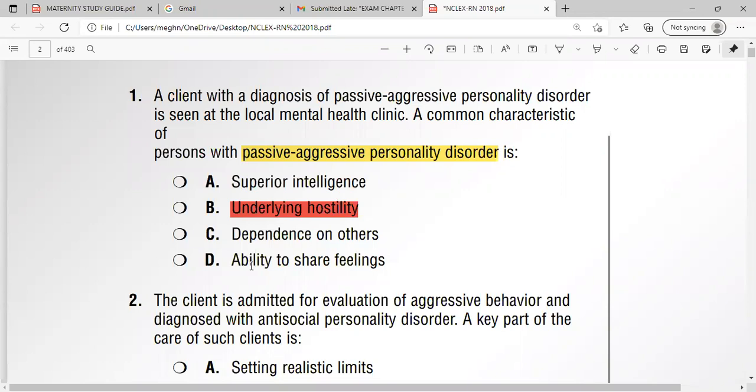Although this individual might have a high IQ level, it cannot be said that they have superior intelligence. They also do not necessarily have a dependence on others or an inability to share feelings. So the correct answer is underlying hostilities.